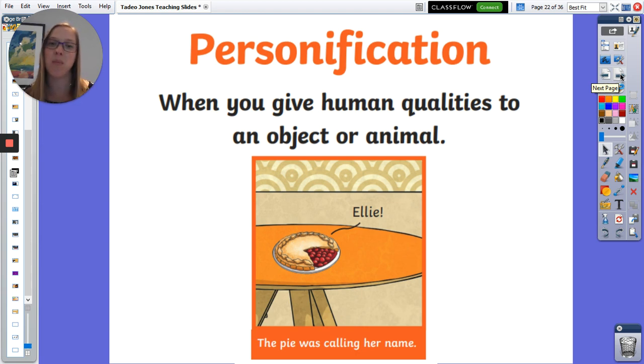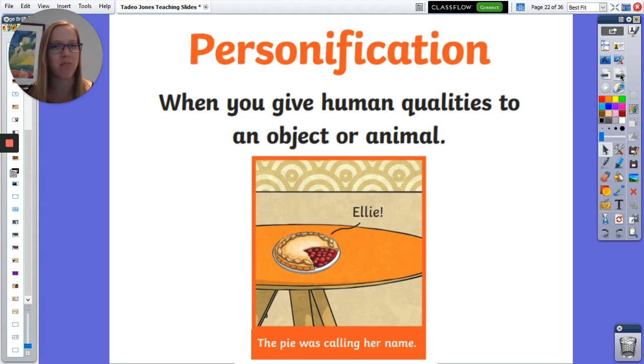And quite often you might hear phrases that grown-ups say that are actually using personification. So here's a picture of a lovely cherry pie. That looks tasty, doesn't it? And the phrase, the personification, is the pie was calling her name. Now, if somebody said, oh, it was calling my name, I just had to eat it, what they would mean is, like, it was talking to me, I just had to eat it.